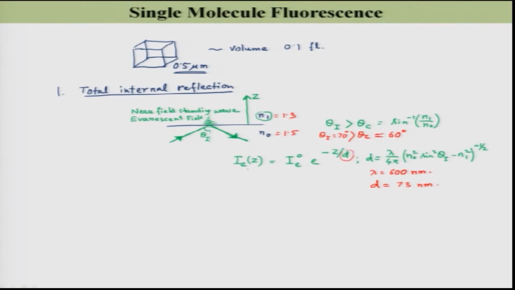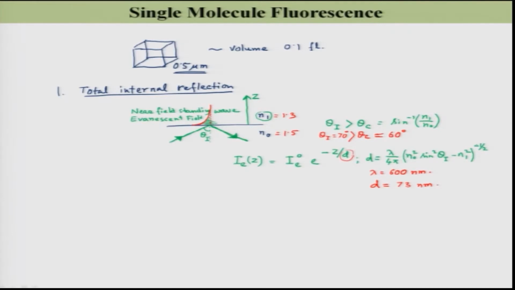That means the intensity or the strength of this evanescent field will decrease exponentially, and it will be almost 0 at 4.5 times this d value. This is the nature of this exponential function. So, what I want to say is that this evanescent field strength is high here, but it will go to 0 exponentially.